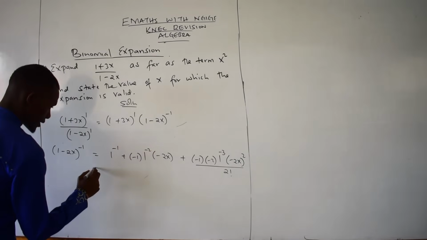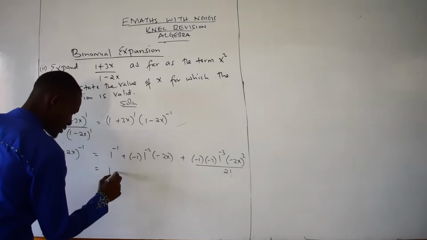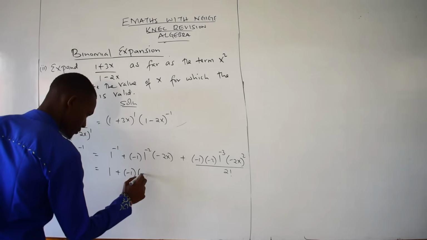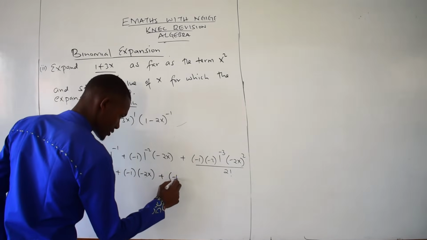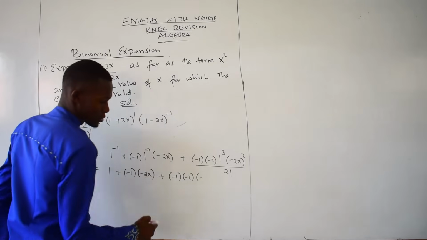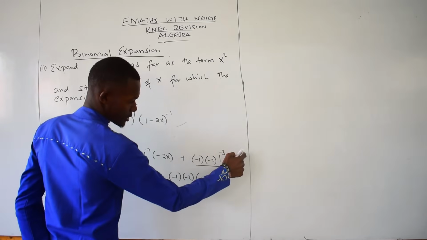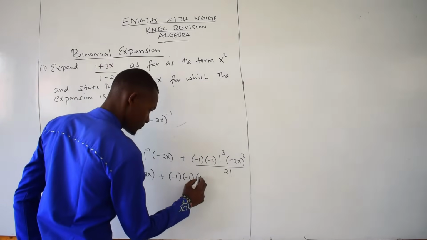So simplifying this, 1 raised to any power is 1. Then we can just simplify it first before opening. So 1 raised to any power is 1 plus negative 1 times negative 2, that becomes 1 plus 2x. So we can expand this. Remember, this power applies to everything here. So negative 2 squared gives you 4.